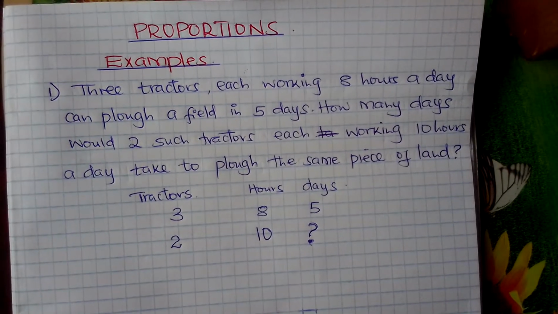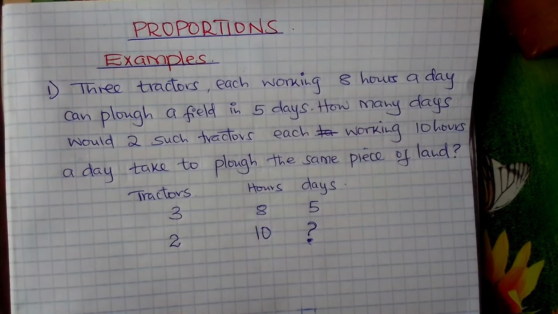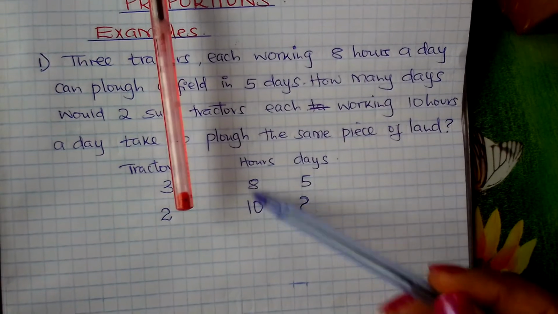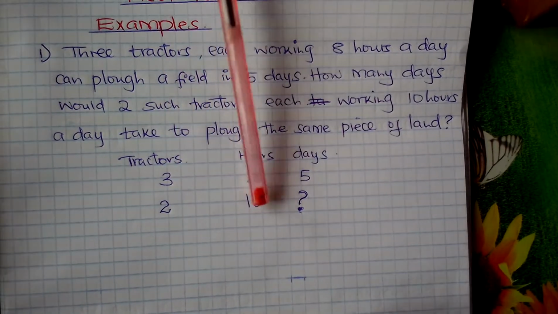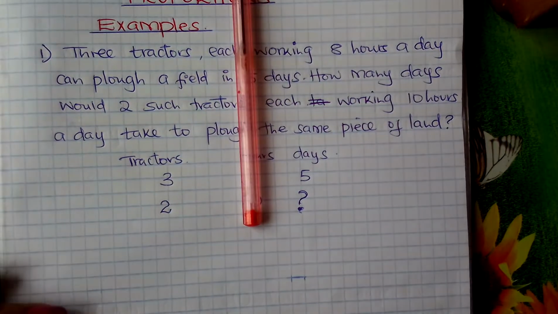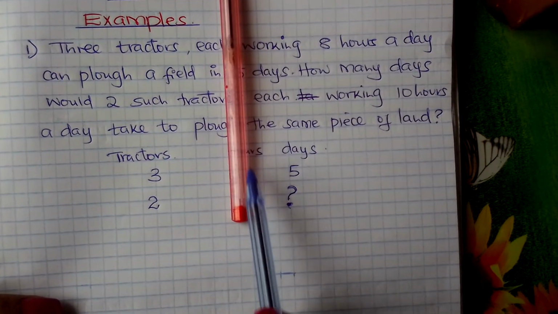Learner, to handle such a problem, we need some reasoning out. You come and block 1 column. Like now I can block this 1 column which has the 2 numbers here, or even this one. Let us start by blocking this 1 column like that. Whatever you block, you assume it's the same.